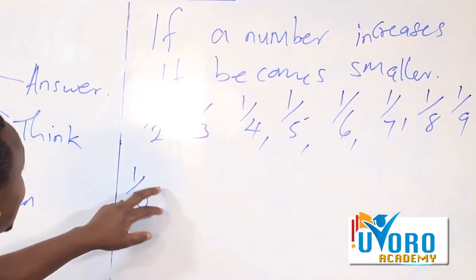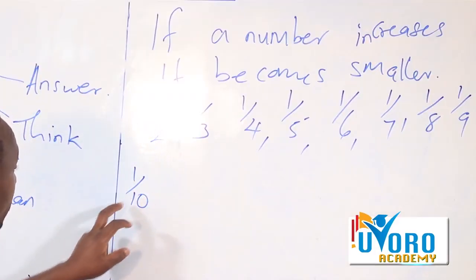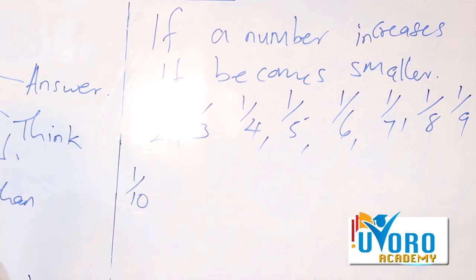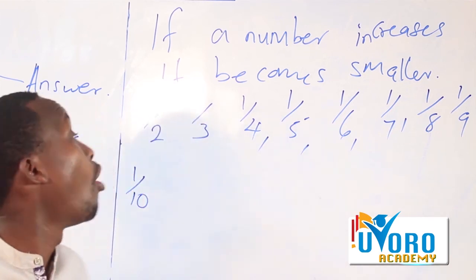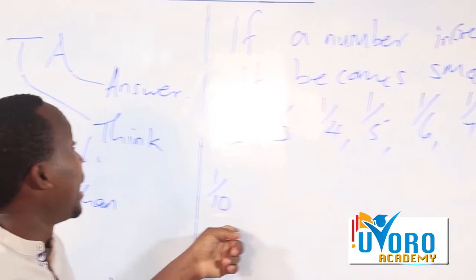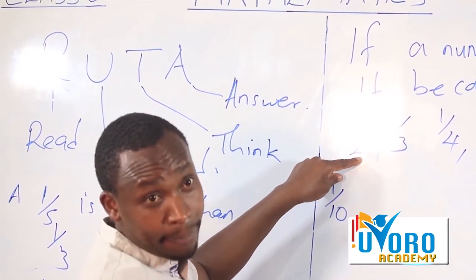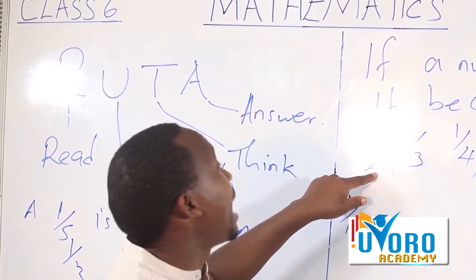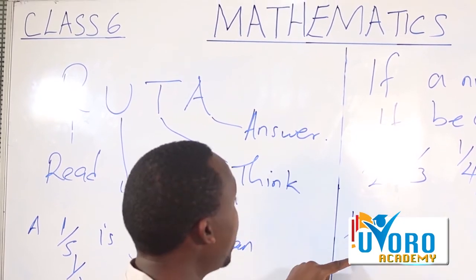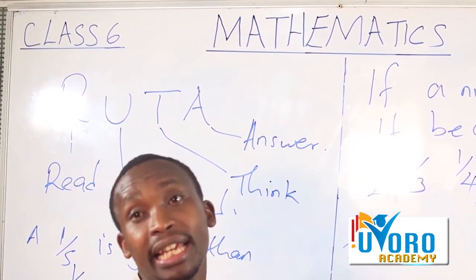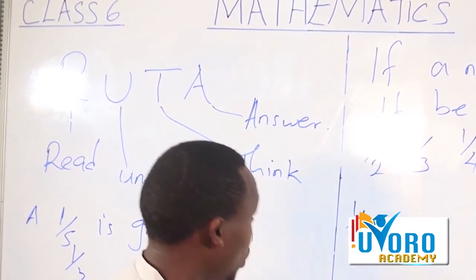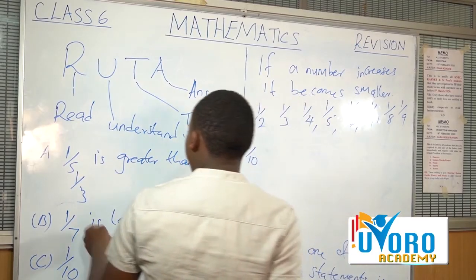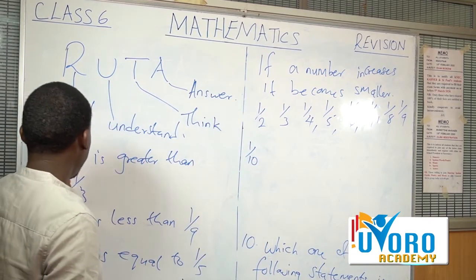The one that is having so many numbers below is the smallest. The smaller the number here, the bigger it is. And the bigger the number here, the smaller it is. So now, let's see our answers given.